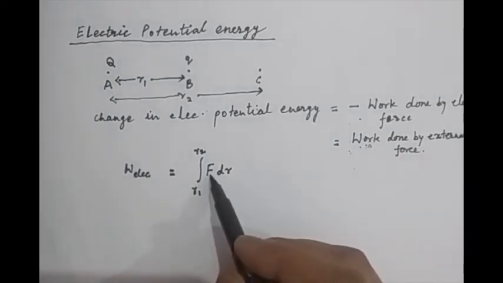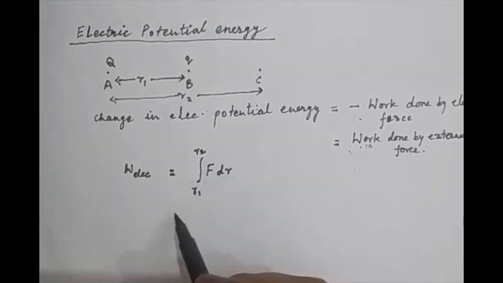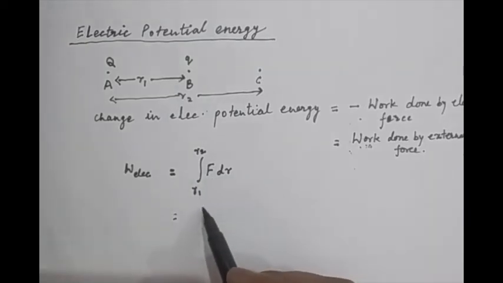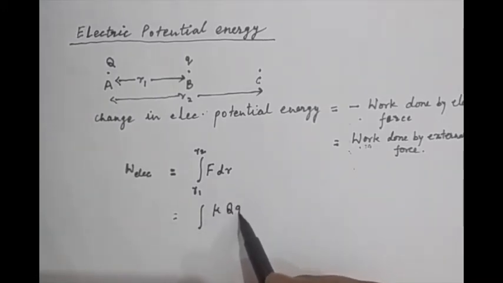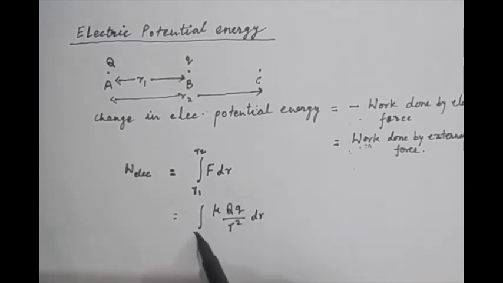The electrostatic force F is equal to K Q q by r square, so we have integral K Q q by r square dr, r1 to r2.